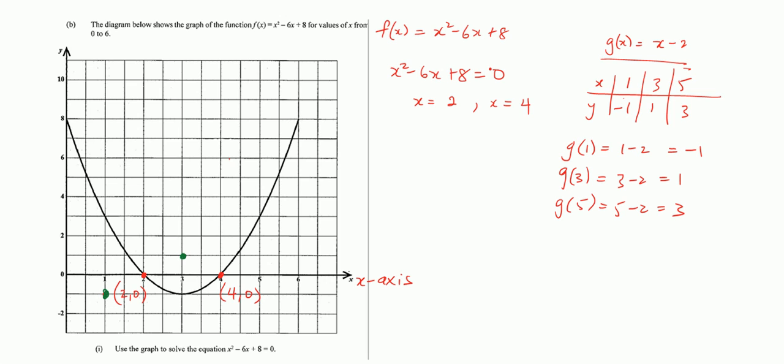And the next one is 5, 3. 5, 3 is here. I don't have a ruler here, so I'm going to just draw. Your graph should look something like this. So this is g of x. Cool.